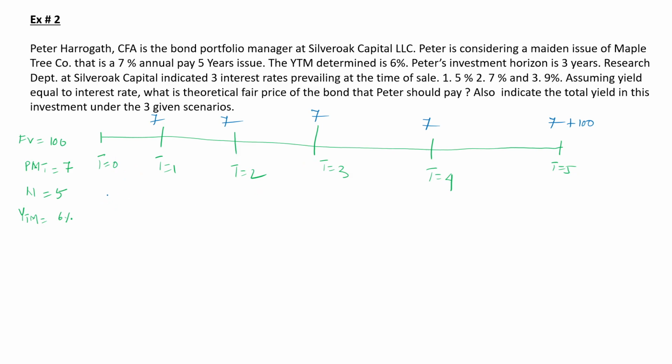So his investment horizon is limited to 3 years only, and not the full tenor of 5 years. So up until this is Peter's investment horizon, while the whole of the bond's life is this 5 years.